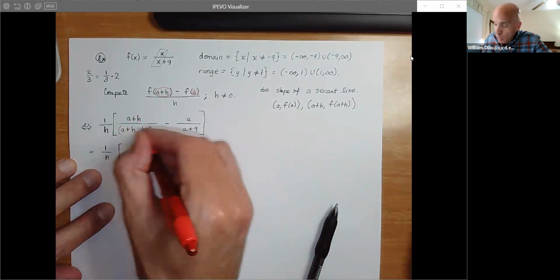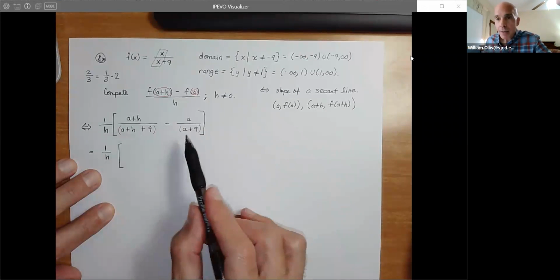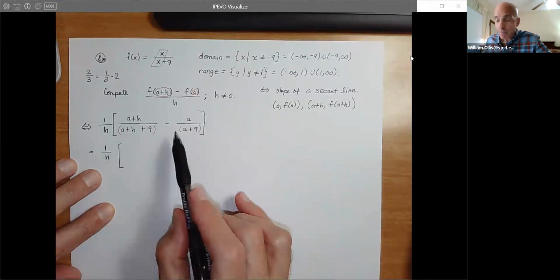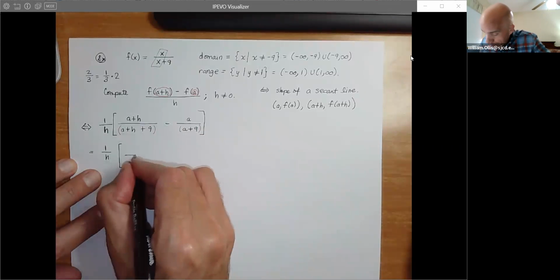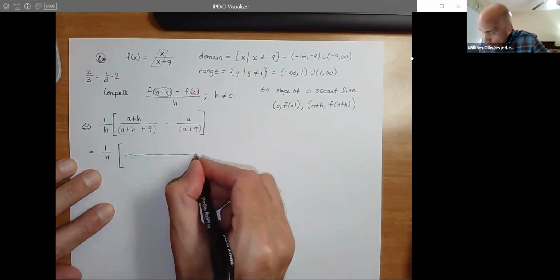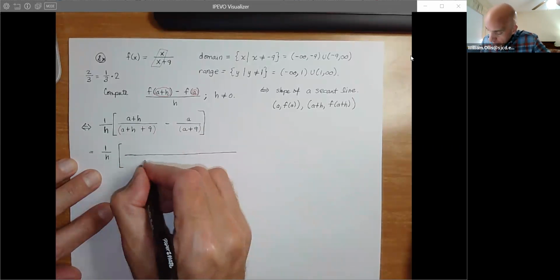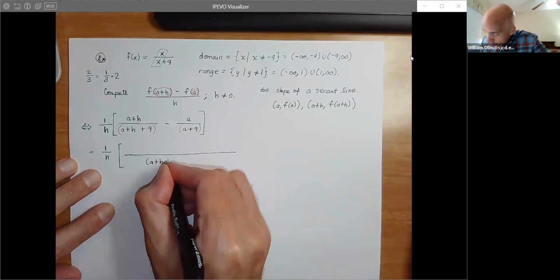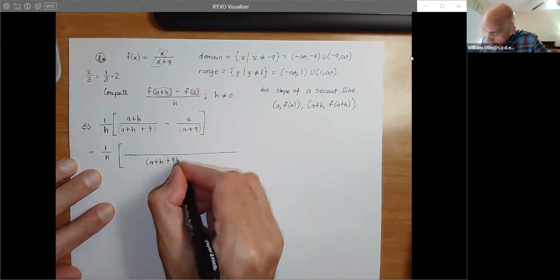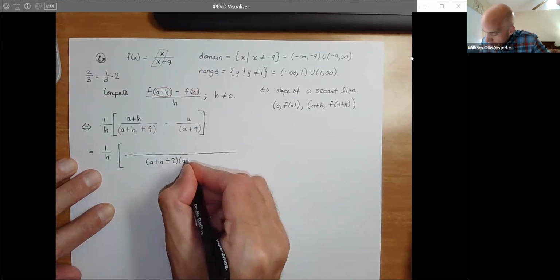We need the factor a plus h plus 9, and we need the factor a plus 9. These are not multiples of each other, so we need both of them. So draw a nice long fraction bar, and we need a plus h plus 9 times a plus 9.